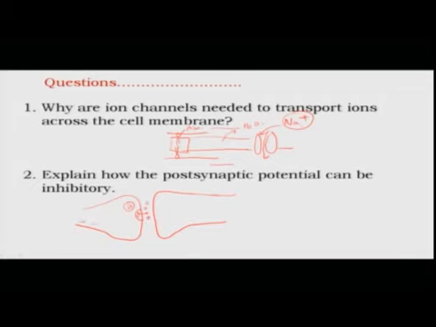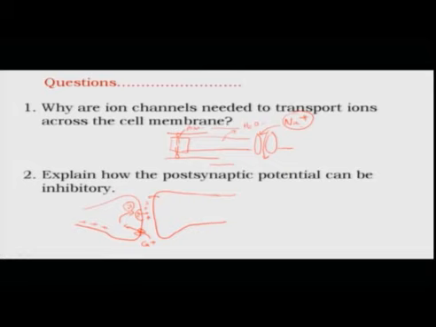When there is a depolarization arriving here, this opens up calcium channels which are voltage gated. Calcium gets into the axon terminal and this triggers the release of the neurotransmitters.